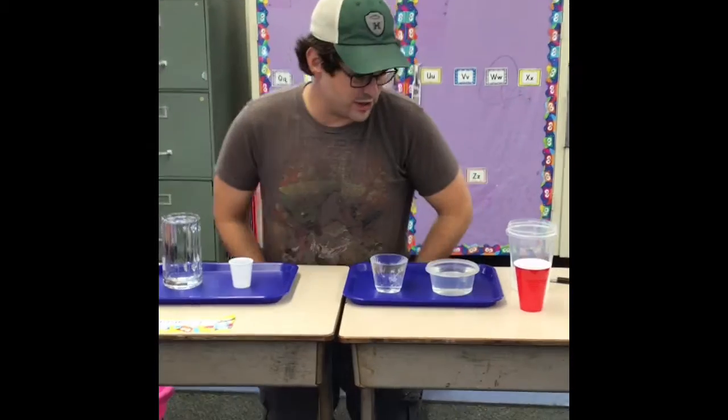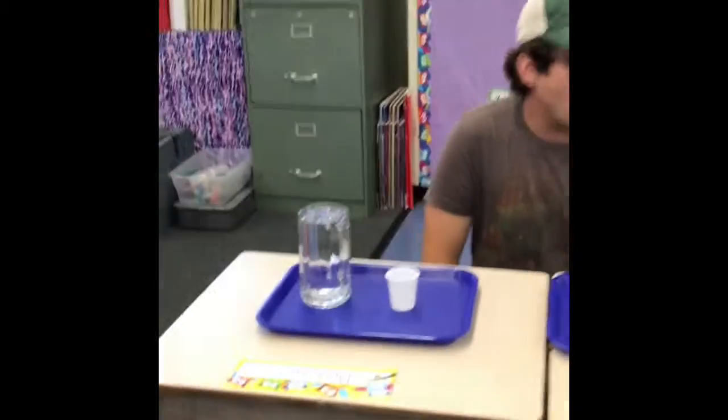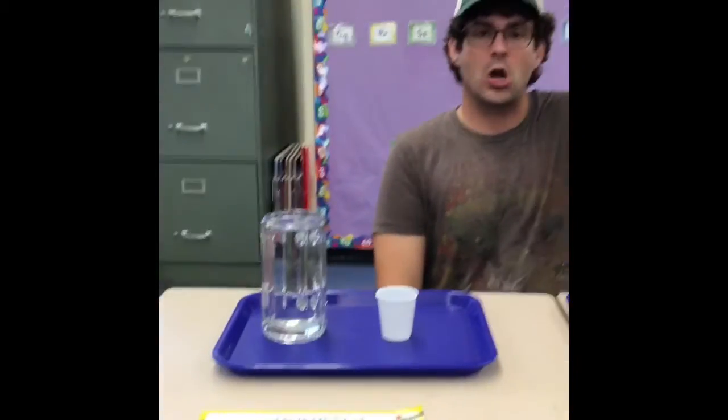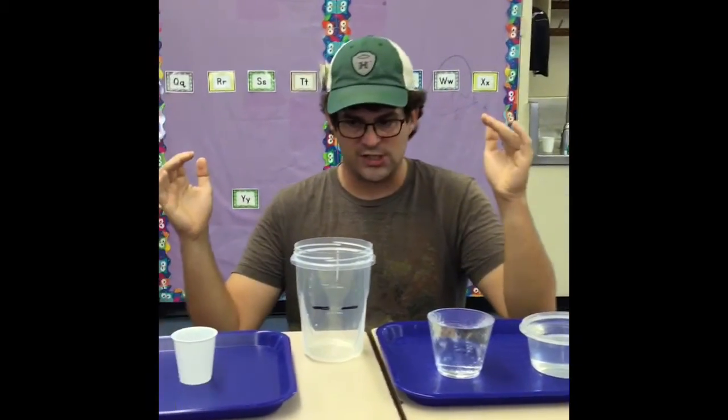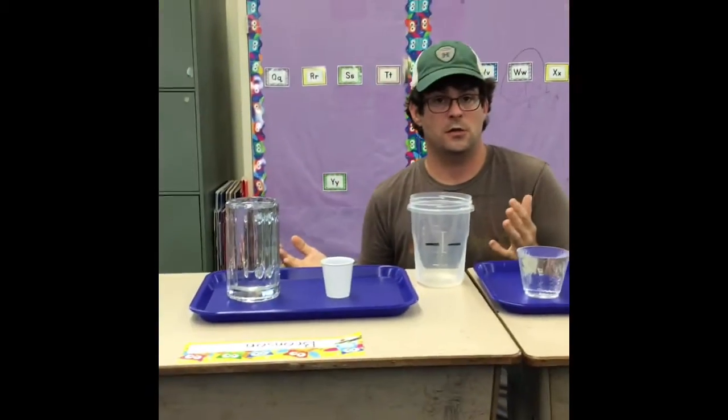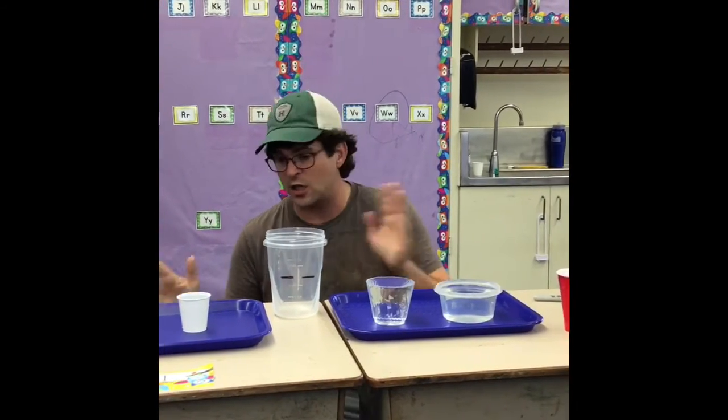So I've got all these different things. We've got some predictions to make as to how high they will fill up our little container. So right now, in your brain, I want you to look at all 4 of these things and think, which one is definitely going to fill it up the least? Which one is going to be the smallest amount of water that I'm going to move into one thing?